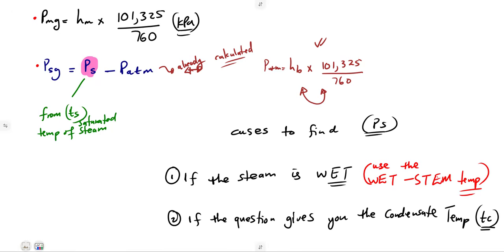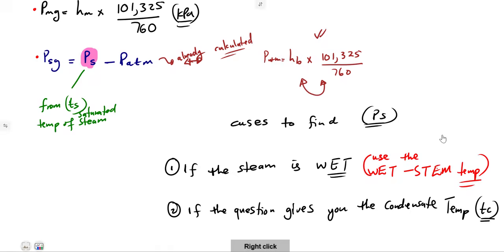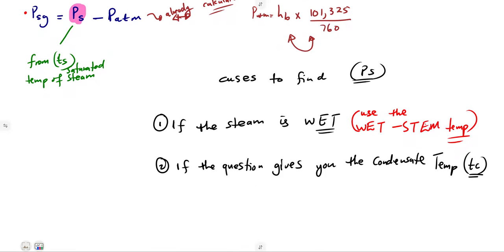They gave you the condensate temperature without the wet steam temperature. The wet steam temperature is not given this time. Be very careful when it is like this. When the wet steam temperature is not given, but they gave us the condensate temperature, use the condensate. That is where you use it.